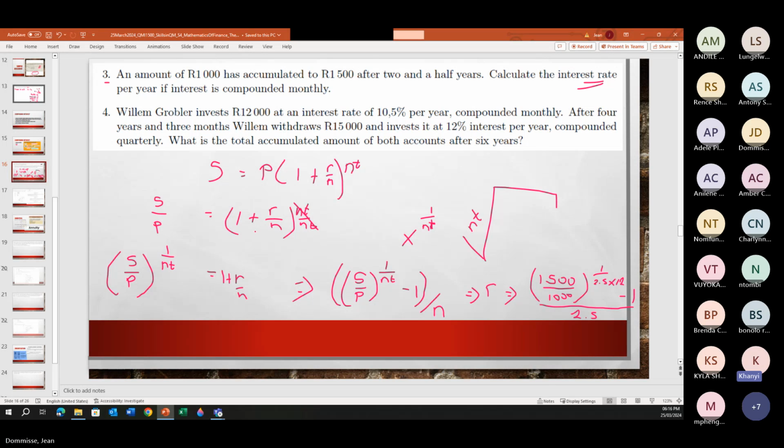So we're just going to have our numerator be one, so that we can denominate the 2.5 years so that we can get a round figure of a full year, so that we have the interest rate. Yeah, so you can do it both ways.